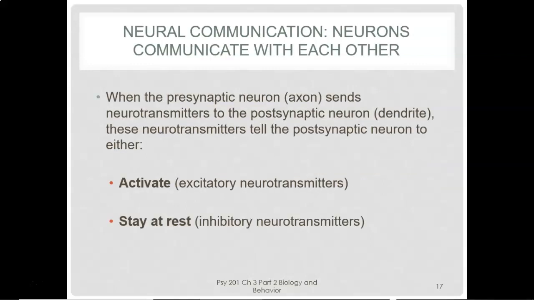Now, when we look at neural communication, different neurotransmitters send different messages. As I mentioned, neurotransmitters are messages. They tell the postsynaptic neuron to either activate or stay at rest. And that is all neurons do. They activate or they stay at rest. We talked about the cell body and the nucleus.